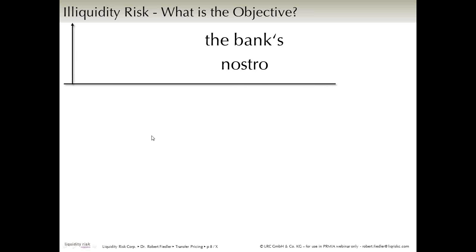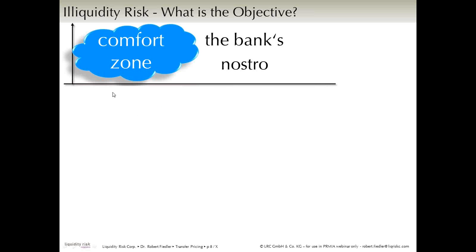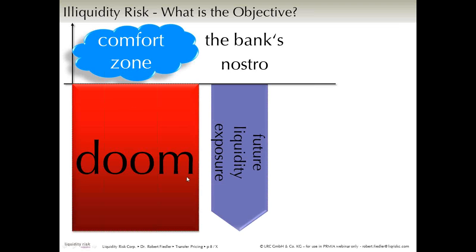If I have the magic line where above I have more liquidity than I need, and below I have less than I need, I want to measure how far my bank might go down into this doom amount.